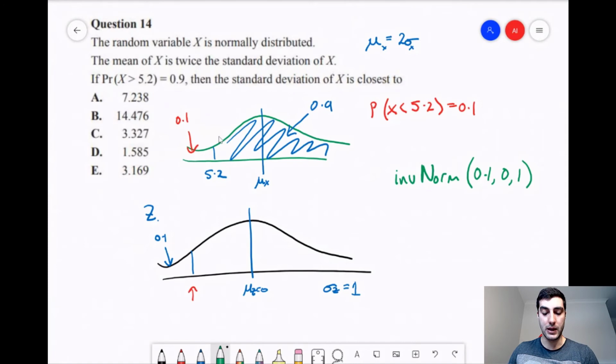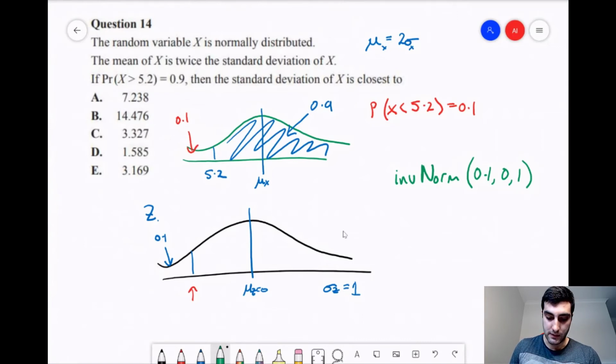However, I know some calculators are smart enough where you can put in 5.2 to infinity has an area of 0.9. But what this notation says is that from minus infinity, I guess using the z-score, from minus infinity up to a particular value, has area of 0.1. So that's what the 0 and 1 is, the standard normal parameters there.